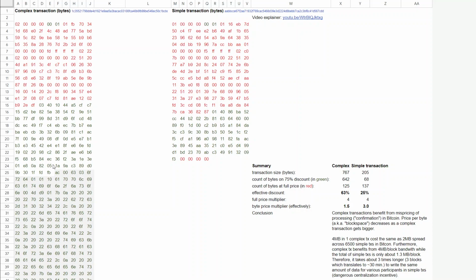Here in that column, you can see on the left side the bytes of this bloated or complex transaction, while the simple transaction, where probably somebody just paid somebody else and returned the change to their address, is shown in the column on the right here. And the point is that the red bytes are treated differently from the ones in green.